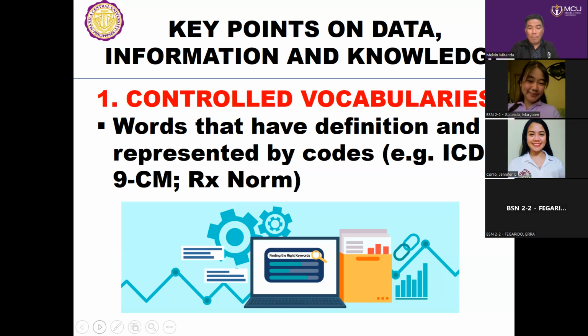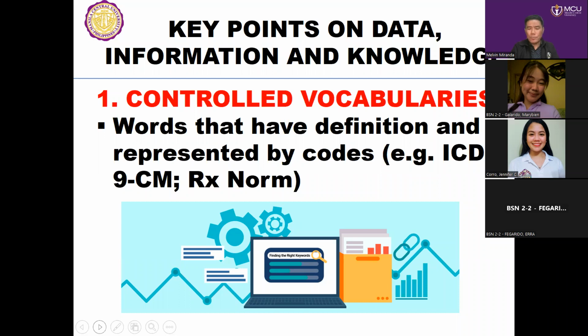Kaya, for example, these are being used sa Center for Disease Control and Prevention or CDC in the US, kasi ang International Classification of Diseases, dahil nga we use codes, this will identify specifically dun sa code na ginagamit po natin. So probably if you will try to search kung ano yung mga international codes.